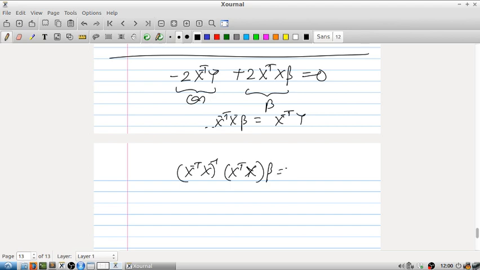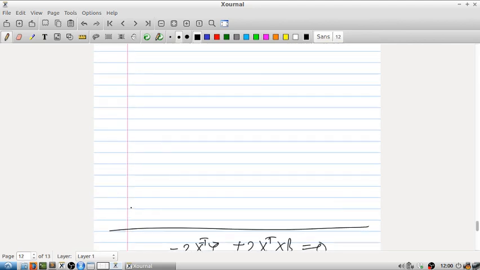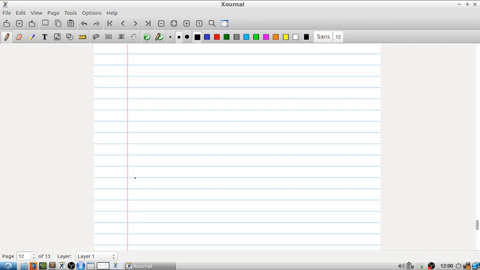Beta is equal to x transpose x inverse x transpose y, and this part is the identity matrix, because a matrix times its inverse is identity, so you just get that beta is equal to this thing. So that shows that the expression is fine. Modulo, I didn't do the derivative for the second term, I'll do it after the class and post it. So that's it for today, okay, thank you.